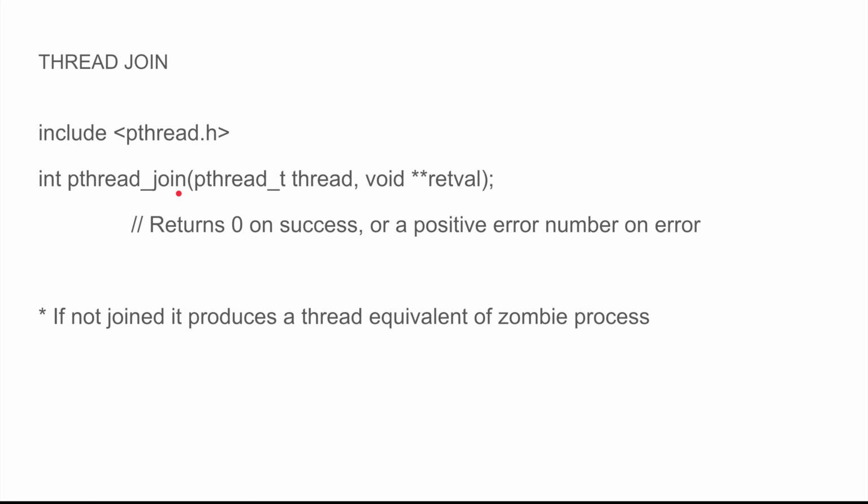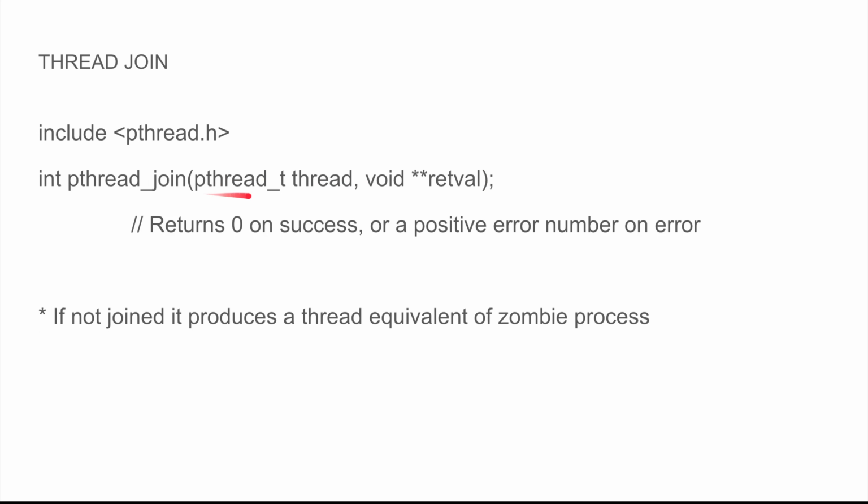The pthread_join function can be blocking in scenarios where the thread is already running and has not terminated. In such scenarios, pthread_join would wait for the thread to terminate and then retrieve the return value of the terminated thread.